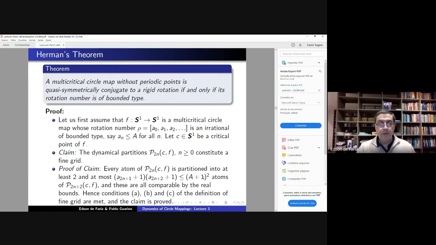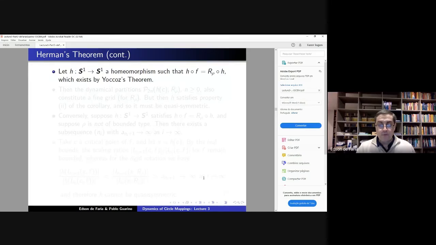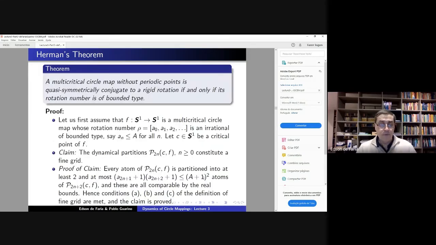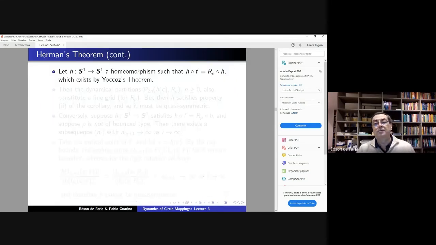All right. So what does that mean? That means that you have a fine grid, and now you look at the image under the conjugacy. So now suppose you have a homeomorphism which conjugates f to the corresponding rotation with the same rotation number, okay?